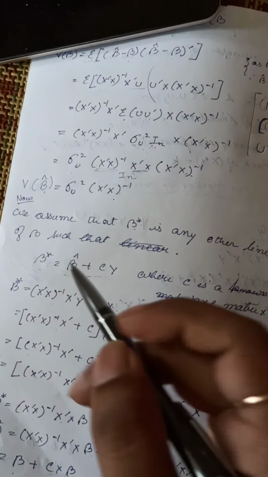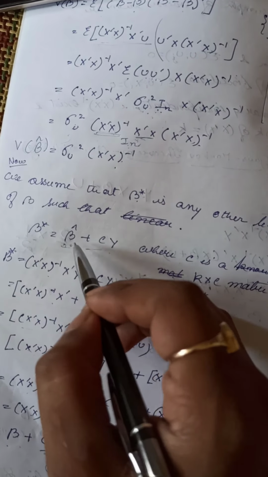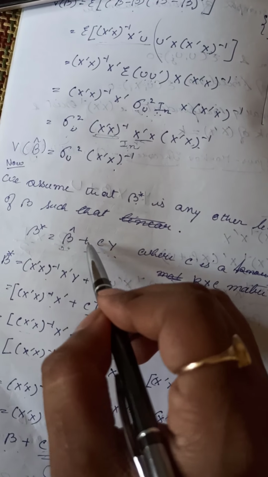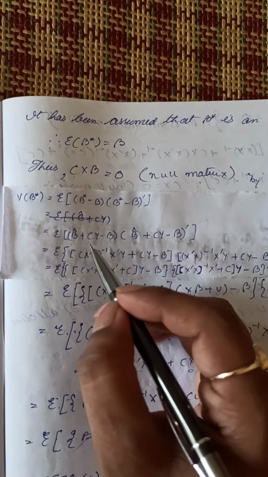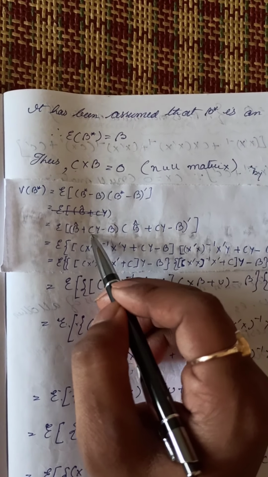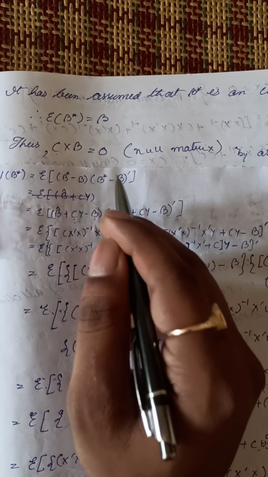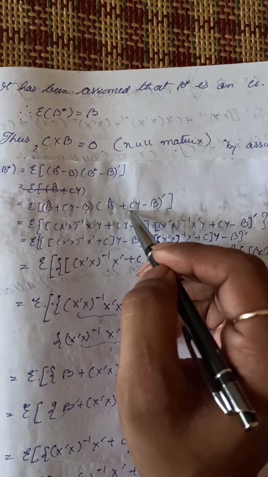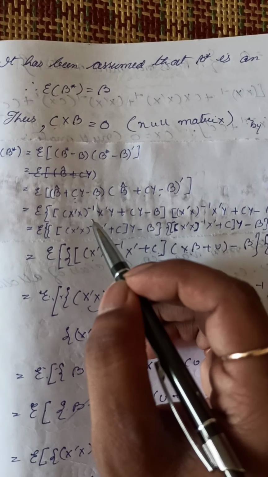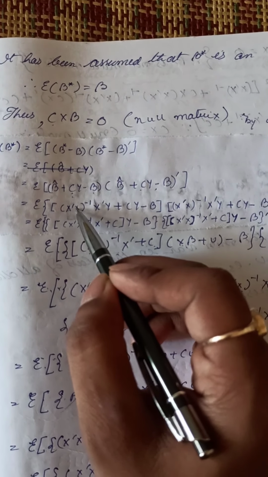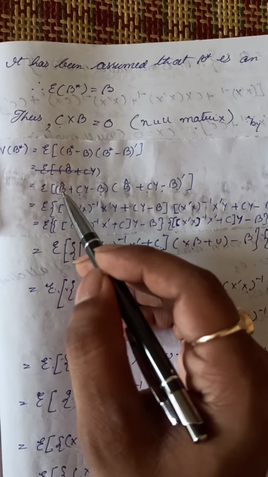In the first phase we defined beta star as beta cap plus cy, so we have just substituted this value in place of beta star. Then we have kept minus beta as it is. Over here also we have substituted the value of beta star. Now in the next step we have put in the value of beta cap.